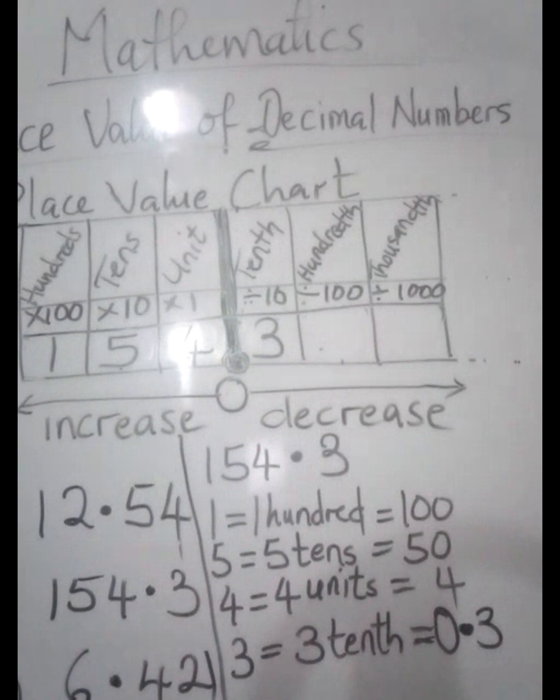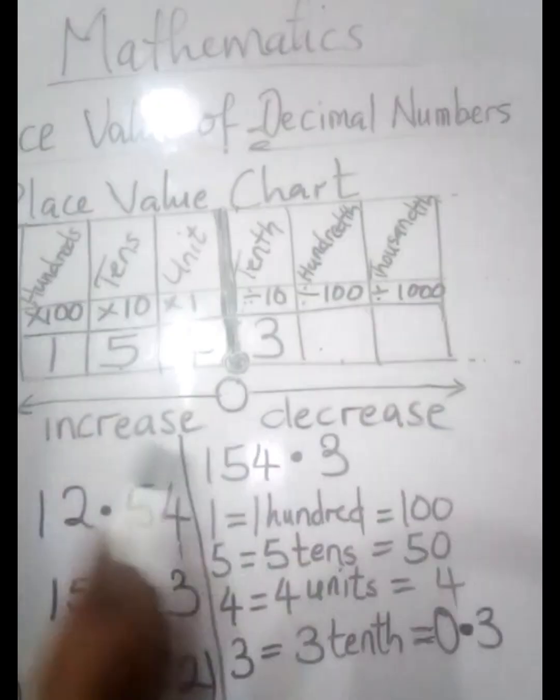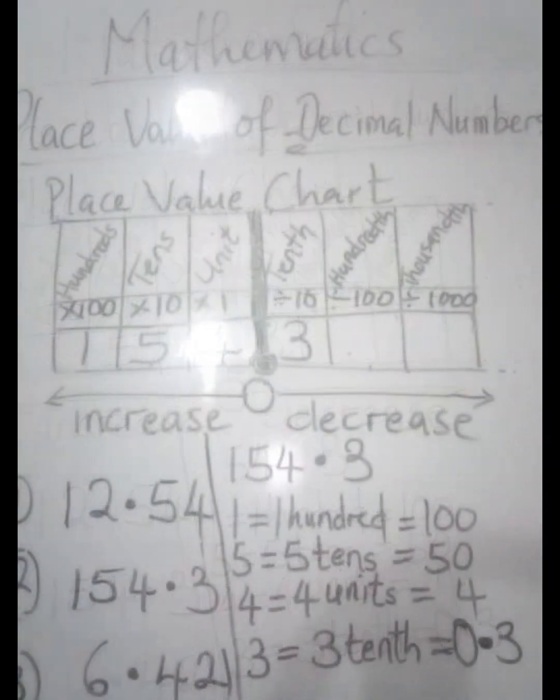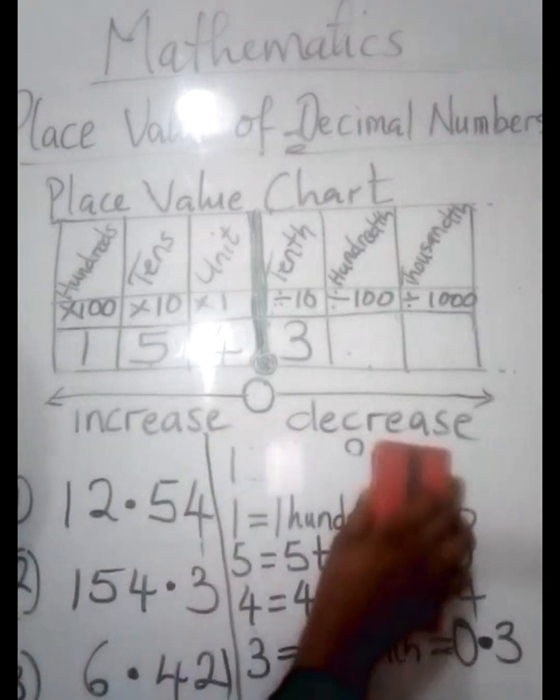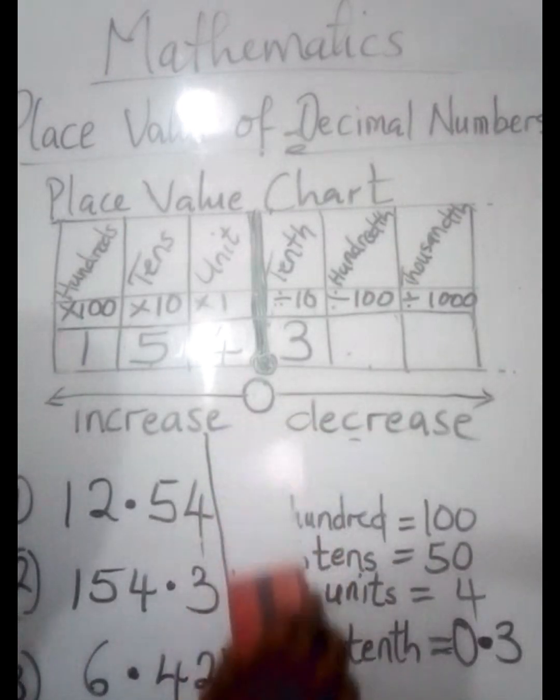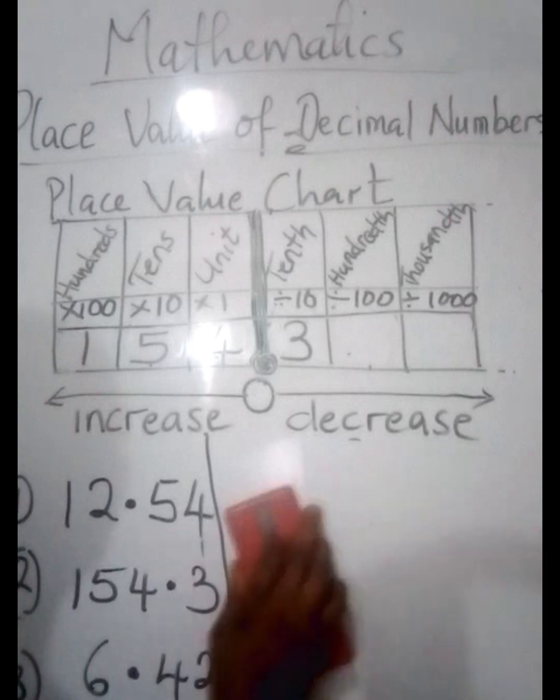So the last example we are going to look at is 6.421. That is our last example. Please, you need to go over this video again and again. The example we are going to look at is the number 6.421.